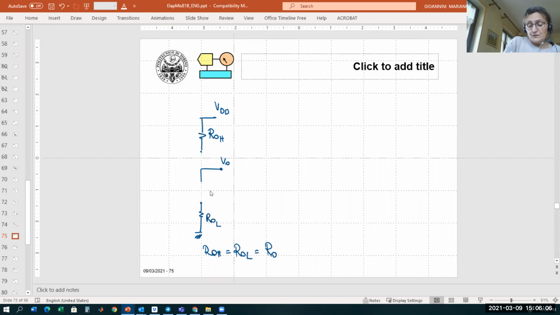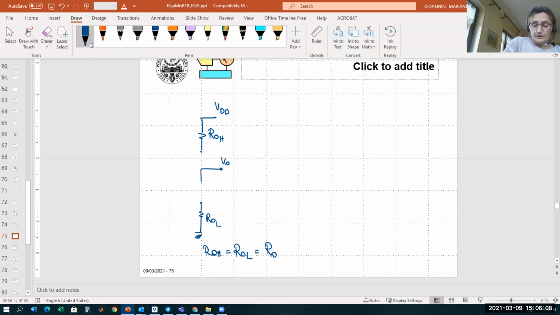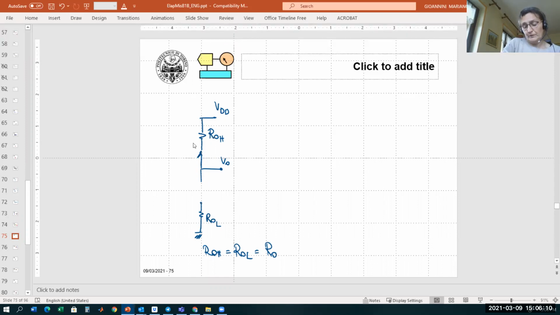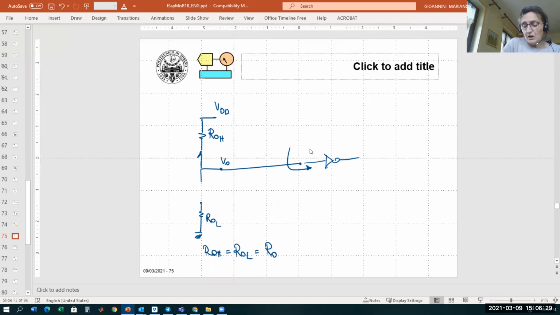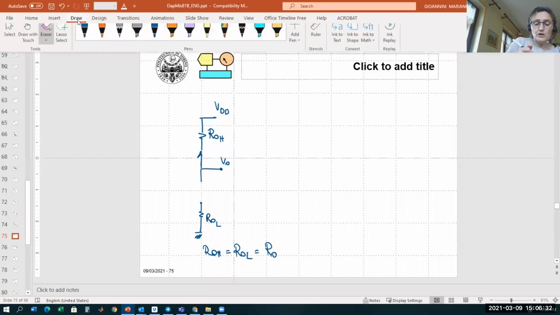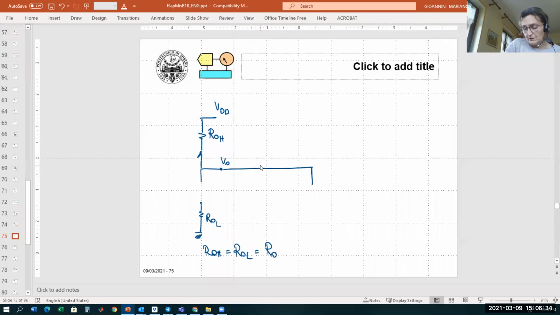Now, if I close this switch, and here I have the second inverter, I have to substitute what I see looking in this direction. So I replace in the equivalent circuit the block B with its input capacitance.